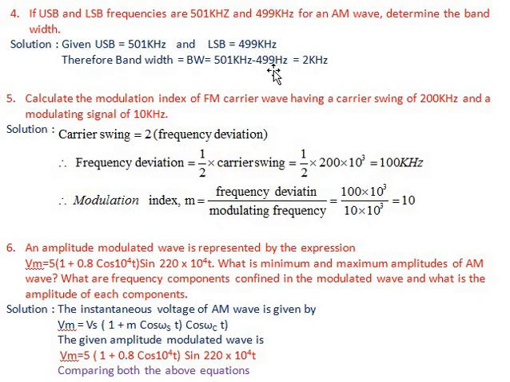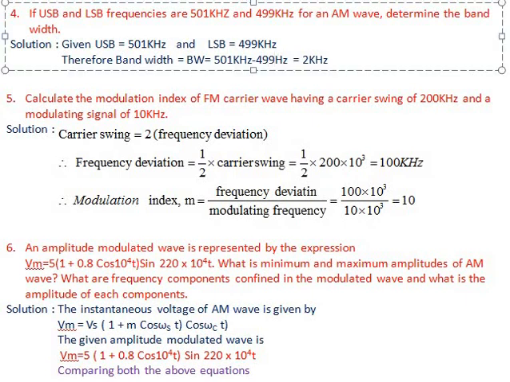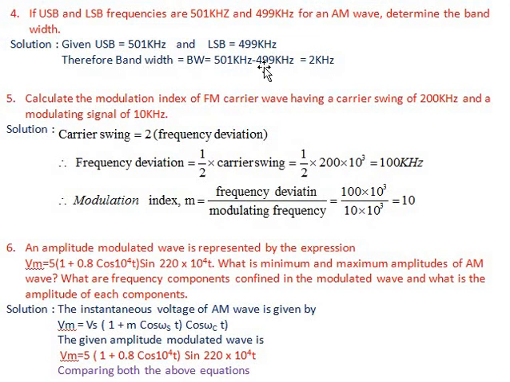So 501 kHz minus 499 kHz is equal to 2 kHz. The difference between these two, that is 2 kHz, is the bandwidth, dear students.